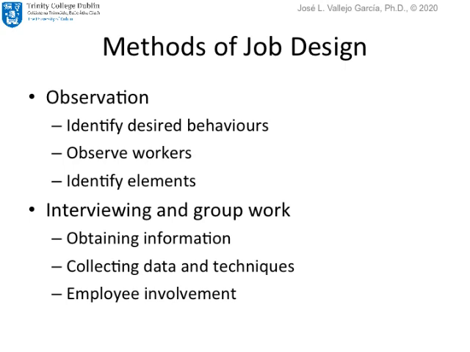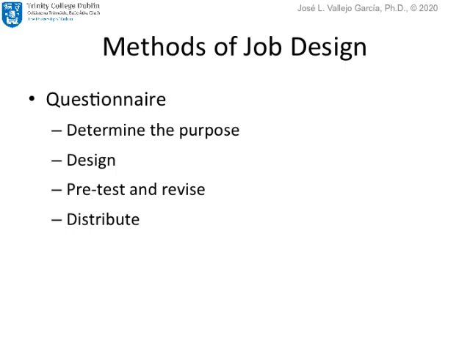So observation, interviewing and group work. And another method of job design would be, for example, a questionnaire, by determining the purpose, the design, pre-test and revise, and the distribution. Those are the elements that this will contain. So we have then observation, interviewing and group work, and the questionnaire as methods of job design.